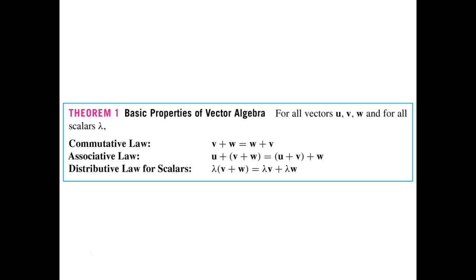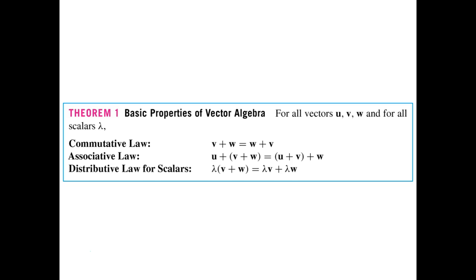This would be V1, V2, this would be W1, W2. You add those together, you get V1 plus W1, V2 plus W2. Add that to U, which would be U1, U2. That would be V1 plus W1 plus U1, comma, V2 plus W2 plus U2. You get the same result no matter which way you do it.